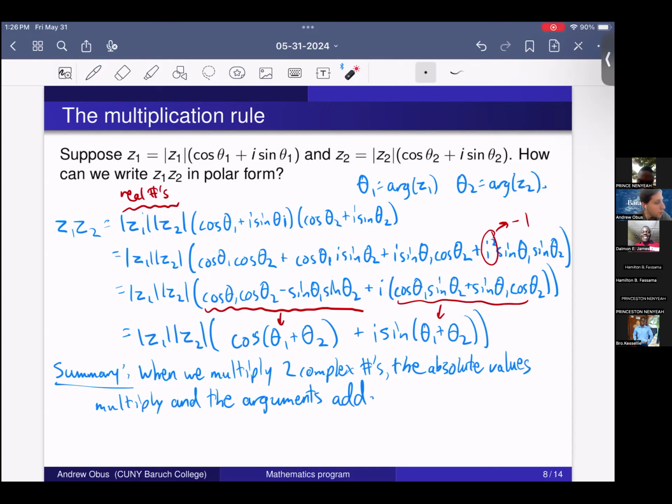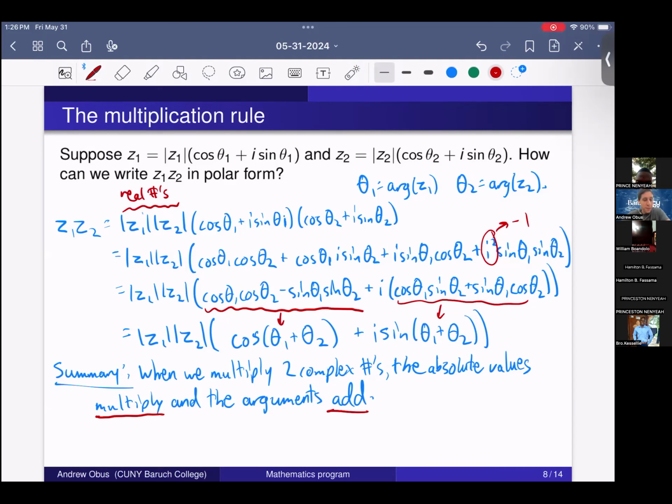Okay, so what this tells us is that polar is a very nice way to multiply two complex numbers, because it's very straightforward what happens. So just like when you add two complex numbers, the real parts add and the imaginary parts add. Well, when you multiply two complex numbers in rectangular form, it's hard to summarize what happens. You just have to do it out.